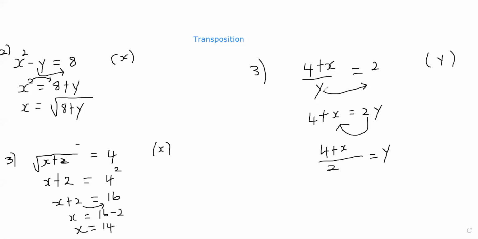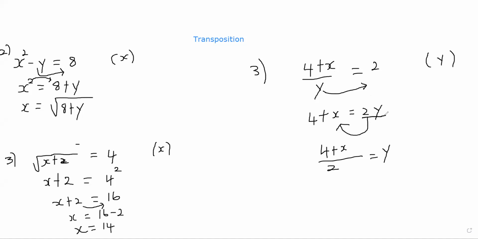So we want to make y the subject and y is the denominator. We still need to carry it over regardless. So we carry over the y. When we carry it over, we multiply, so we get 2y. When we carry over a divided term, we multiply, right? Remember that.